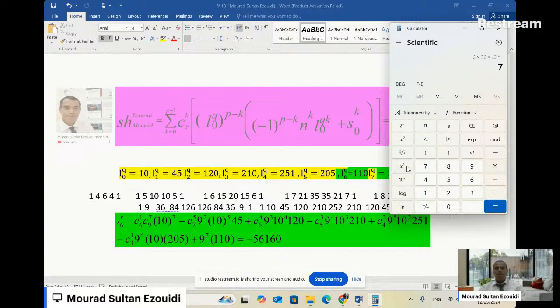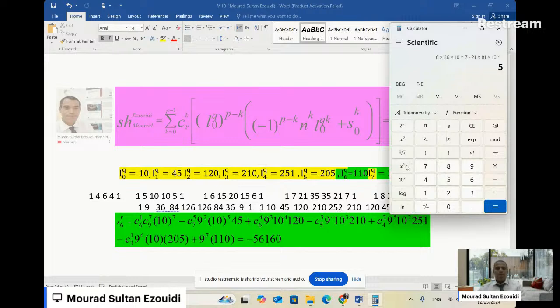Good. Minus 7 choose 5. This is 1, 2, 3, 4, 5, meaning minus 21. Multiply by 9 squared, meaning multiply by 81. Multiply by 10 raised to the power 5.